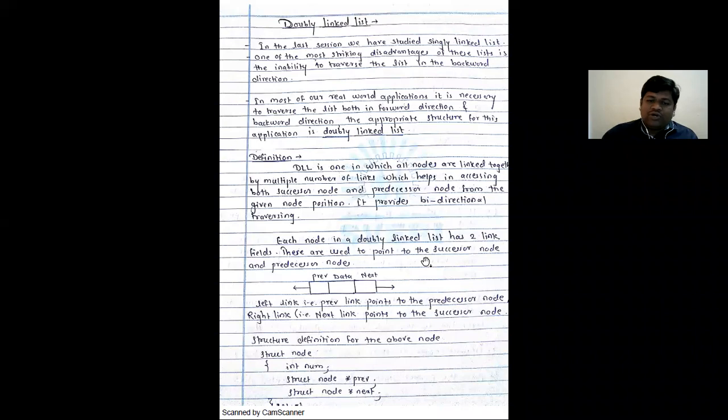Now, all of you understood the structure of the node. So how are we using the structure? Tell me how to create the node by using the self-referential structure in case of a doubly linked list. What is the syntax, or how to write the definition of a structure?